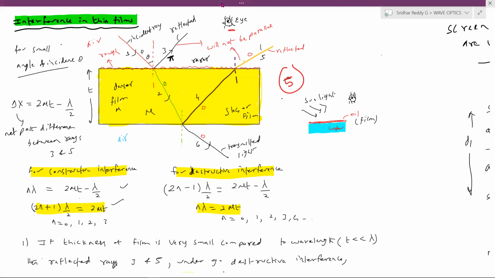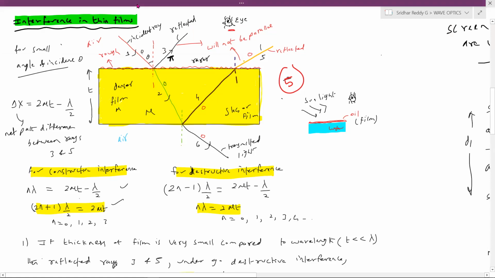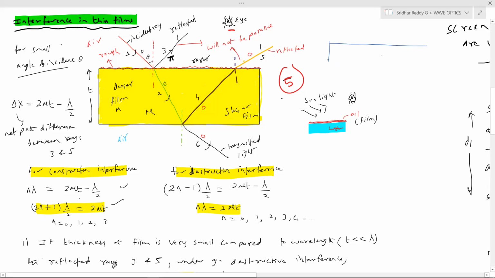Okay, let's go back to some basic optics that we know. According to ray optics, we know refraction. Okay, let me take help of that. The ray is incident here and will undergo refraction. This is ray 1.